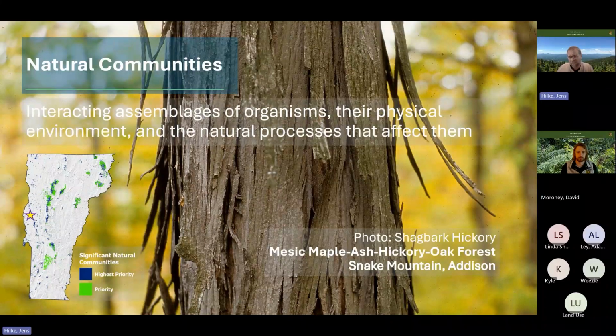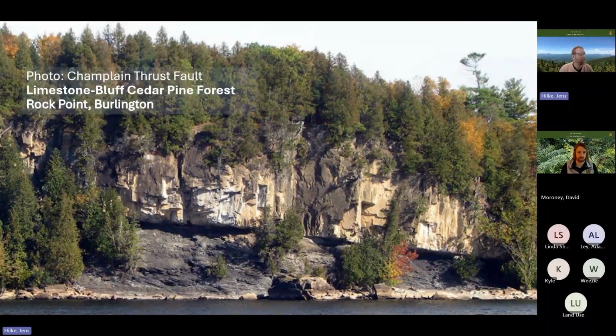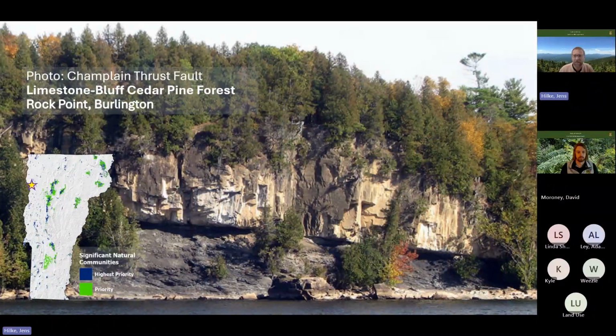We name them based on their common dominant species, but they serve functions that are unique. And so even as the dominant species change, those functions are going to remain. Here's another example, Rock Point in Burlington, limestone bluff cedar pine forest. And again, you can see that one.